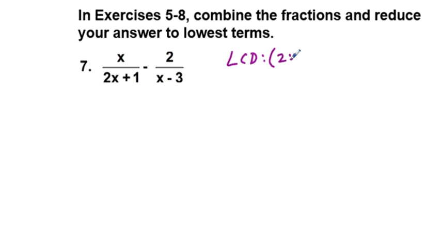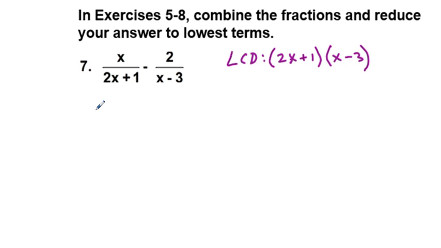So we have 2x plus 1 times quantity x minus 3. When I say the word quantity, I mean that what I'm going to say next after quantity you have to put in parentheses. So when I say quantity, I mean open parentheses, write those two things, something plus something, something minus something, close the parentheses.